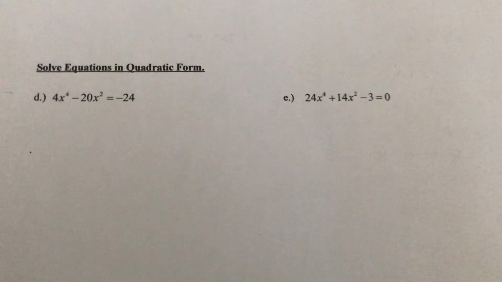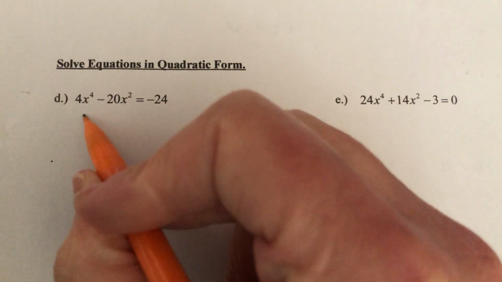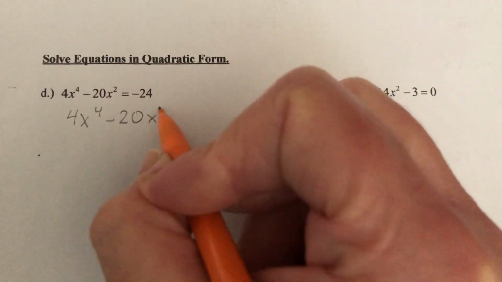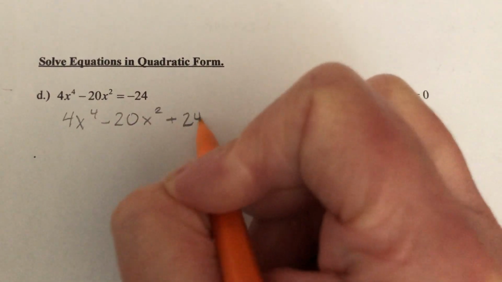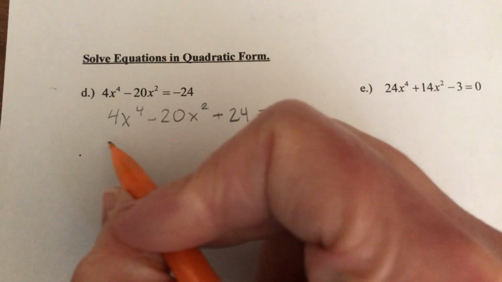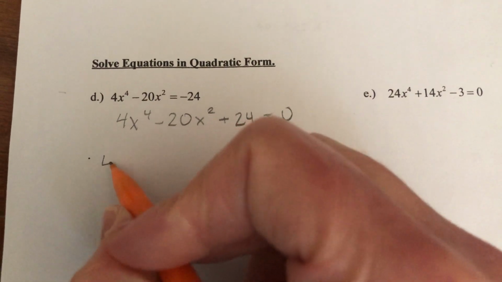Okay, the last two is a little bit more work. The first one here, we're going to go ahead and bring everything to one side. And now I'm going to factor that. Why don't I factor out that 4 first?